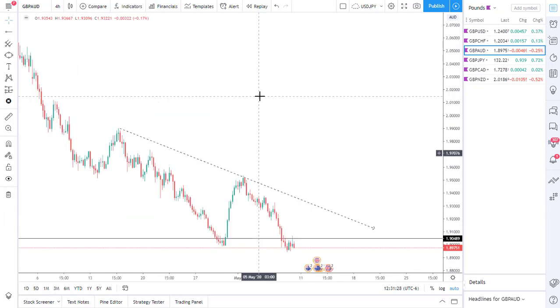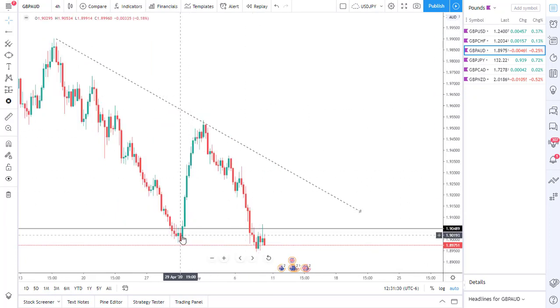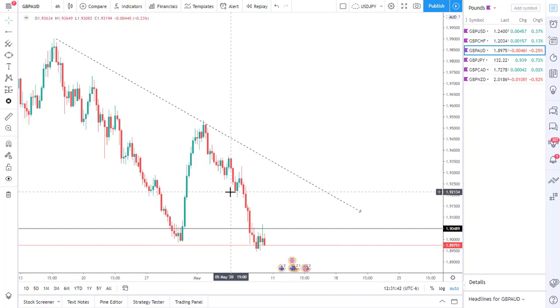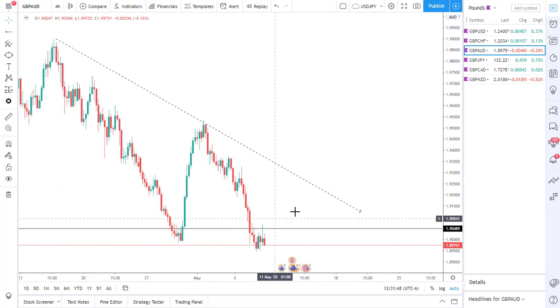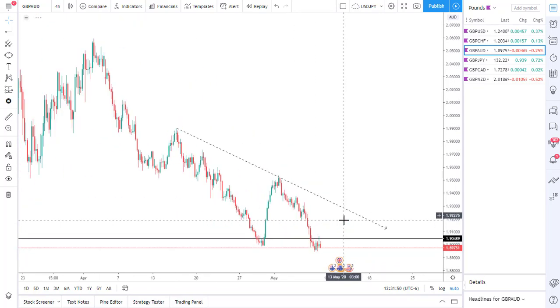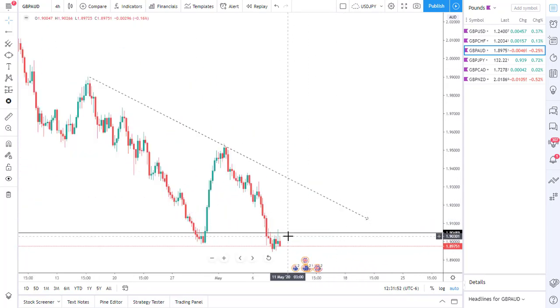I didn't talk about it because we have this very big departure to the upside. All right, it removed a trend line there, and it removed supply zones, this one and this one. But the main reason why I didn't talk about it is because we are very near the proximal line.